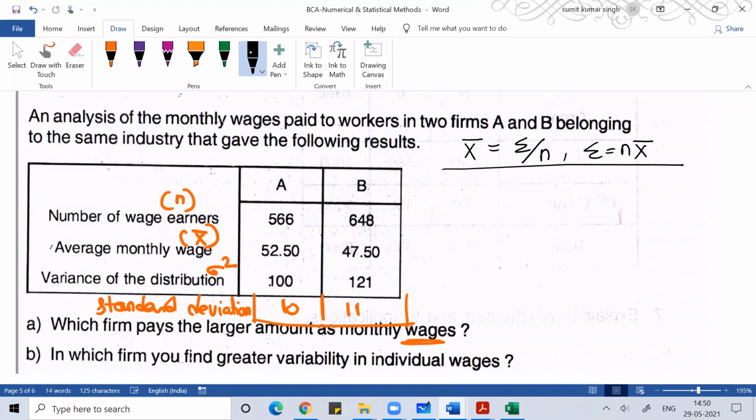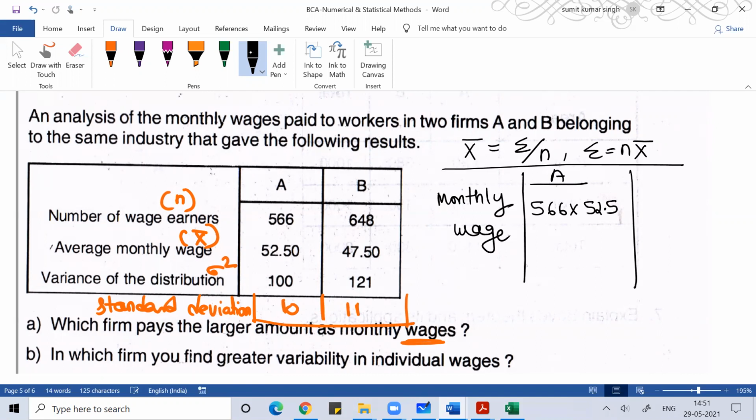What is the total monthly wage of firm A? That would be average into number, that would be 566 into 52.5. What is the monthly wage of firm B? That would be 648 into 47.5.